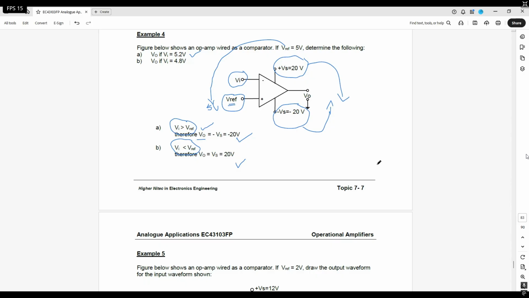So in other words, to summarize, the first condition will appear at the output when VI is greater than the V reference, which is correct: 5.2 is greater than 5 volts. So I will get minus 20 volts. Second condition, input less than, which is true: 4.8 is less than 5. Then your V out will be positive 20 volts.